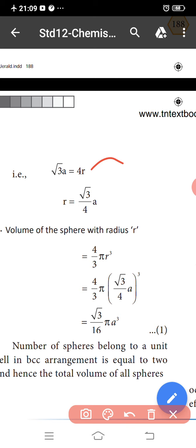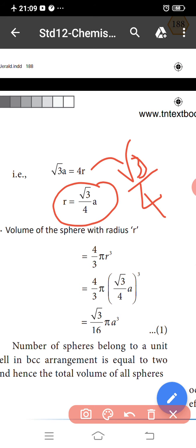So the radius R is equal to root 3 by 4 into A. So the R radius value is root 3 A by 4.